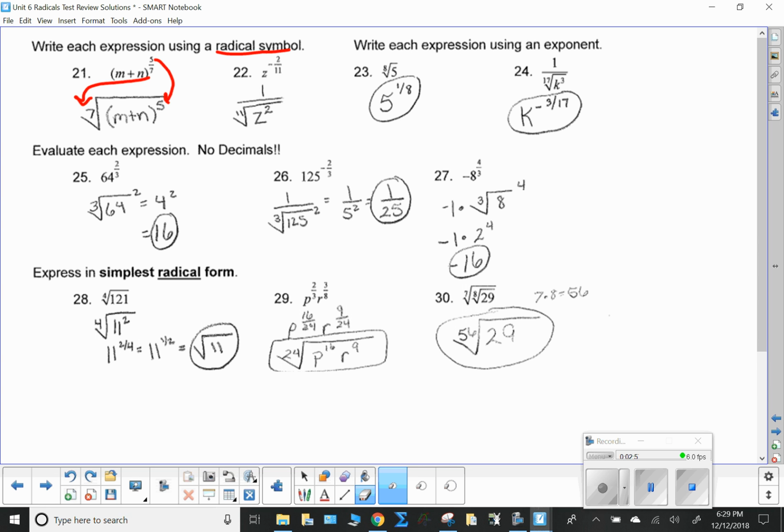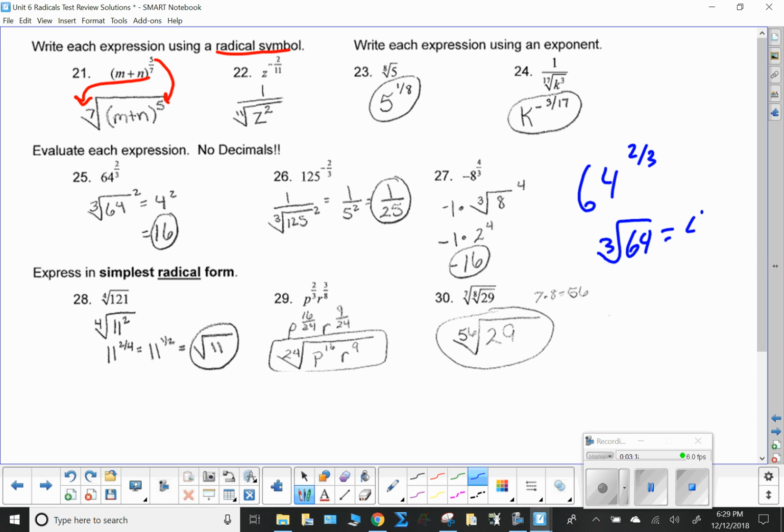Now, evaluating each expression, no decimals. When you have 64 to the 2/3, I don't want to square 64. It's much easier to take the cube root of 64. By now you should all know that that's equal to 4. Then I can take 4 and square it and get 16.